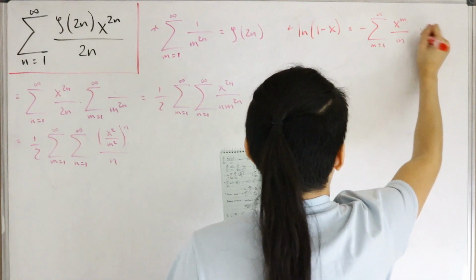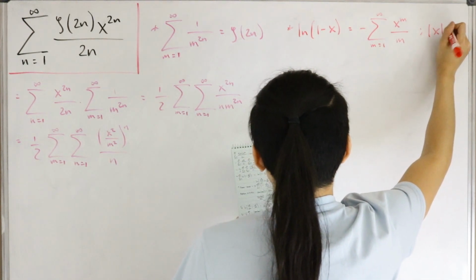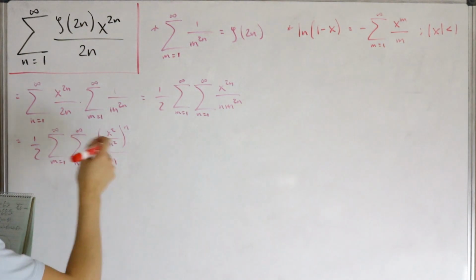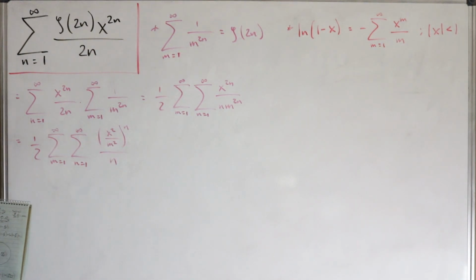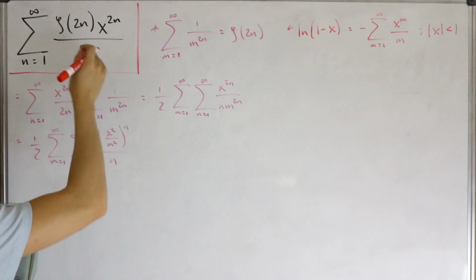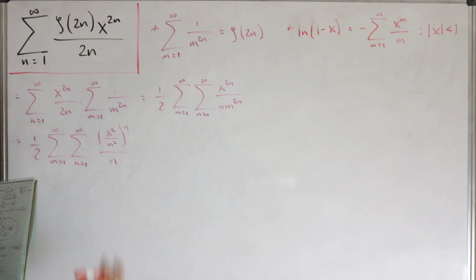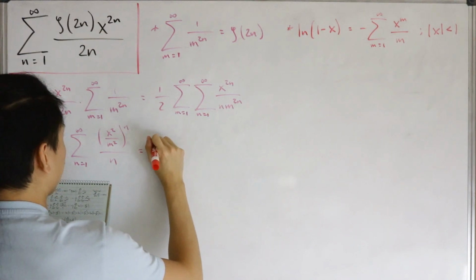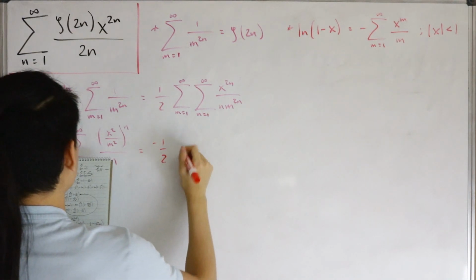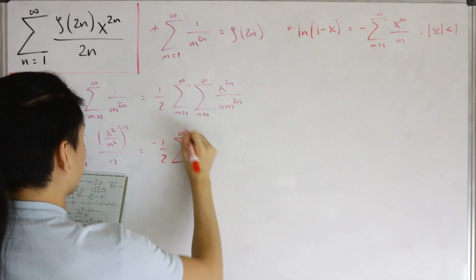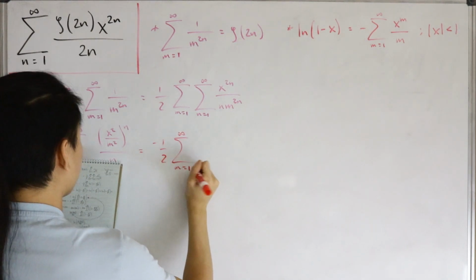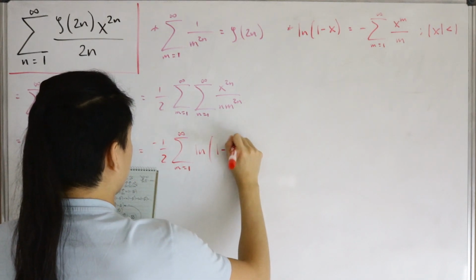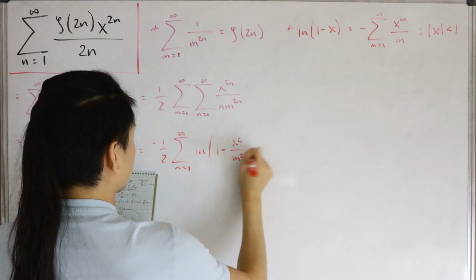Of course, this is for the absolute value of x strictly less than 1 for convergence. This verifies that condition, since no matter the m and the x that we're given, it still converges either way. With that, I can rewrite this as negative 1/2 times the infinite sum for m equals 1 of the natural log of 1 minus x squared divided by m squared.